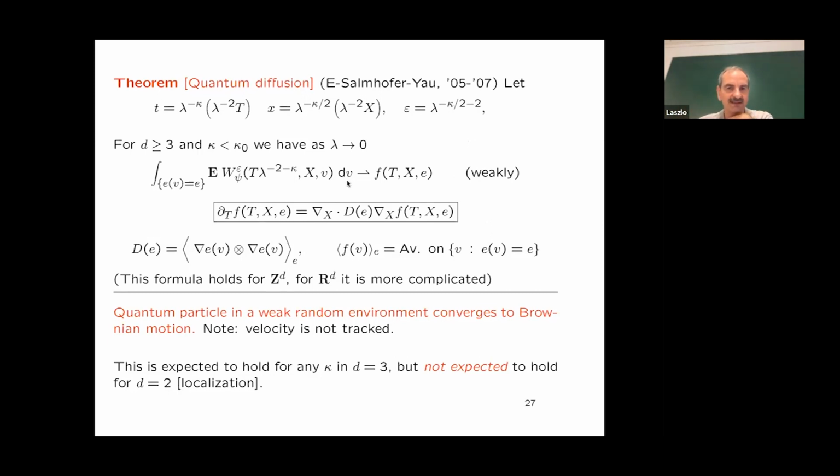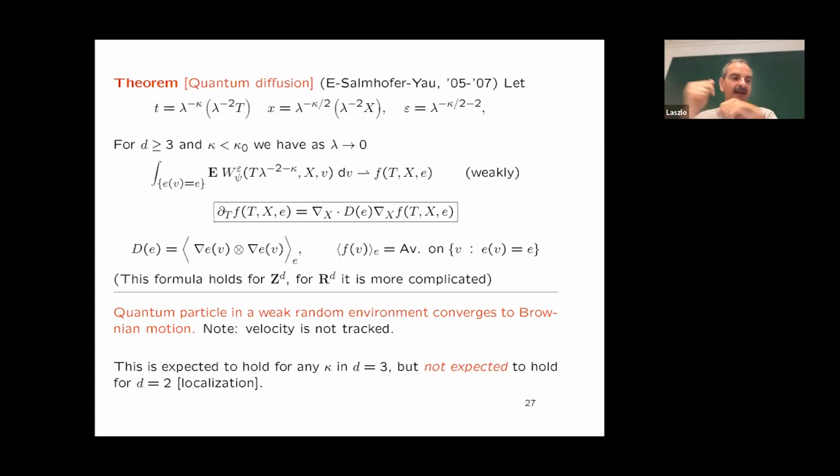So actually you have to integrate out the velocity as well. And then the corresponding function, what is left out of this procedure, depends on time, it depends on space, and it also depends on the energy. That's because the process works independently on different energy shells.